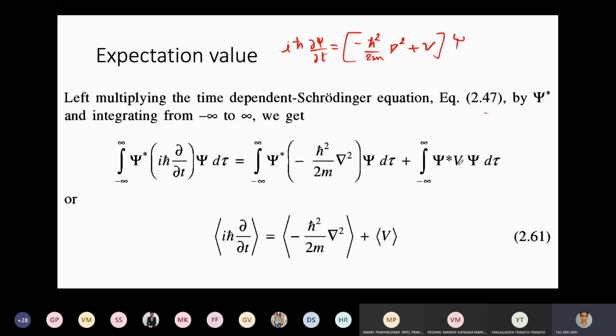Okay, and if you now plug in the classical expression for these operators, these are the quantum mechanical expressions.